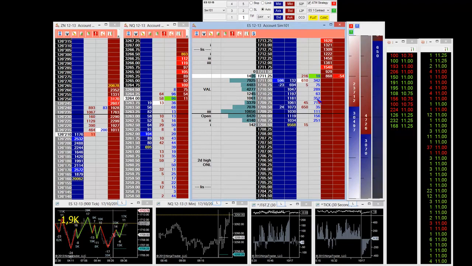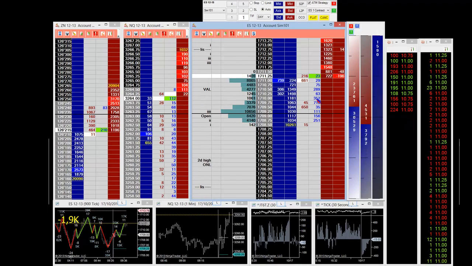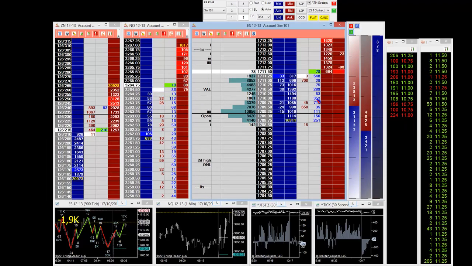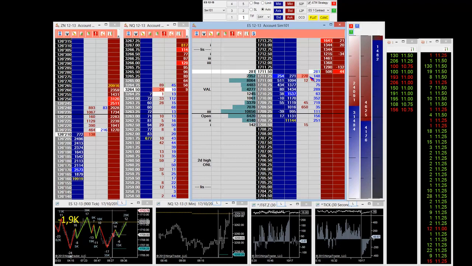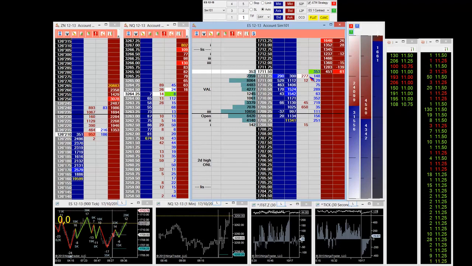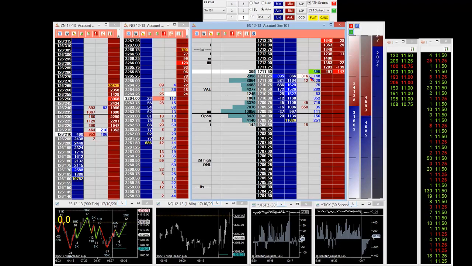It is a slightly different depth of market because it actually shows you the orders. If we look almost in the center, we've got a red number on the left and a blue number on the right, and that is actually the market orders. The red numbers are the market sell orders at each price level, and the blue numbers are the market buy orders at each level.